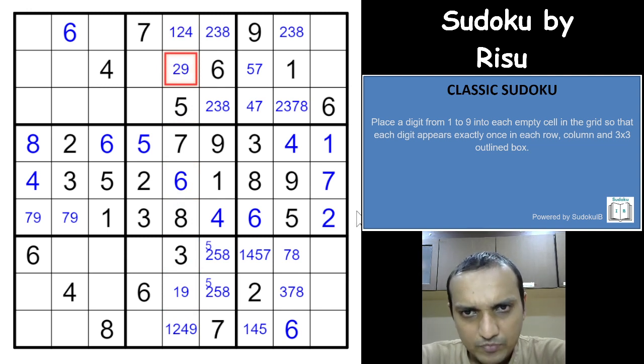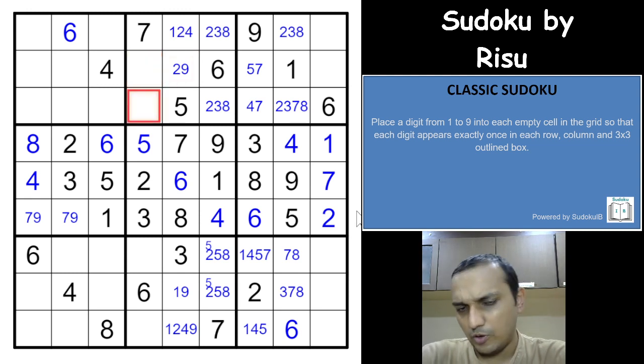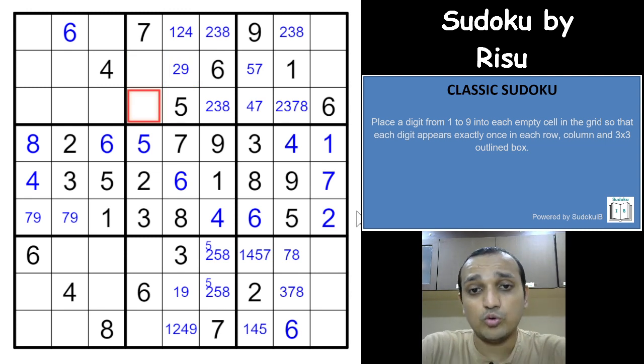Am I right? Okay, 2, 3 and 8. Sorry for the tedious work here, but the pencil marks are very important to show you where the intended logic is, right? What is the exact intended logic that the author has created here, and this is excellent actually.